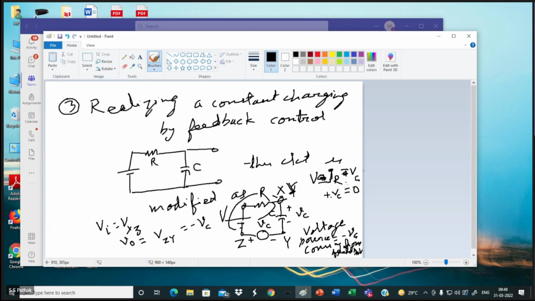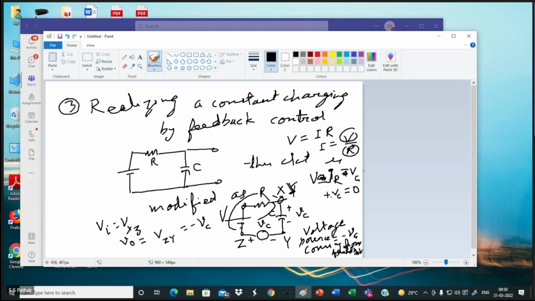So what I am getting here is V equal to I into R. So the current flowing through this, I, is nothing but V by R, and V is constant, R is constant, so current is constant. So the capacitor is charging with a constant current.